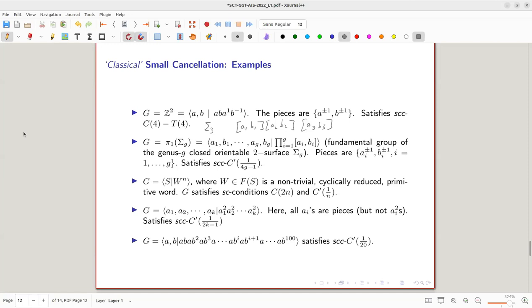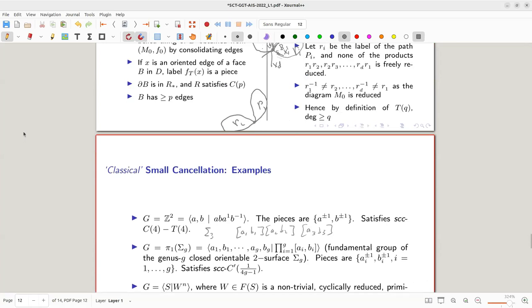So here we have to take two, R1 and R2. In this example, genus G, yes. So you have to take two, R1 and R2, even if you have only one relator. R1 and R2 mean different cyclic permutations.